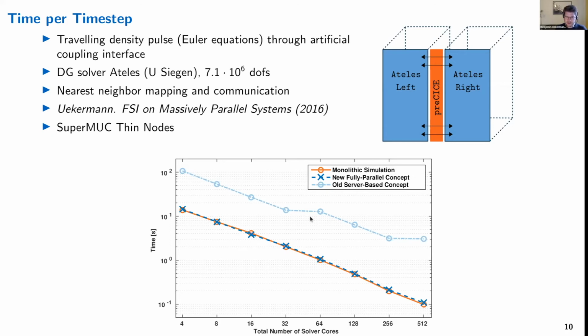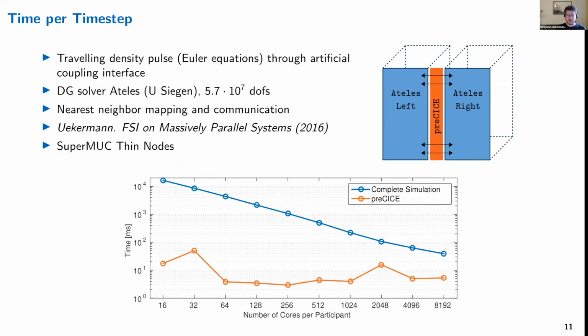We took the same example and made it a bit bigger. So on this slide here, only two things changed: the number of degrees of freedom, which is now one order of magnitude bigger, and the number of cores that we run on. And now we only look at the complete coupled simulation. That's the blue line here, and the orange line is the cost of the coupling.